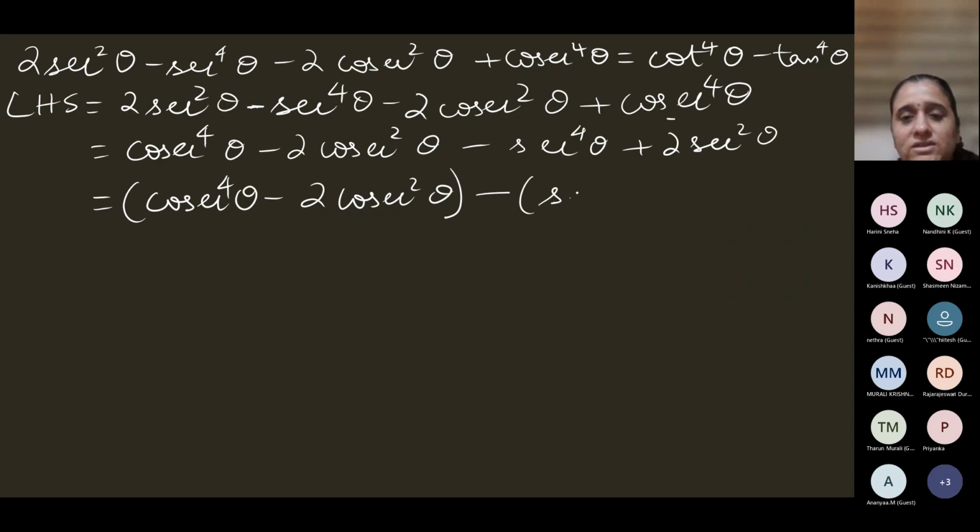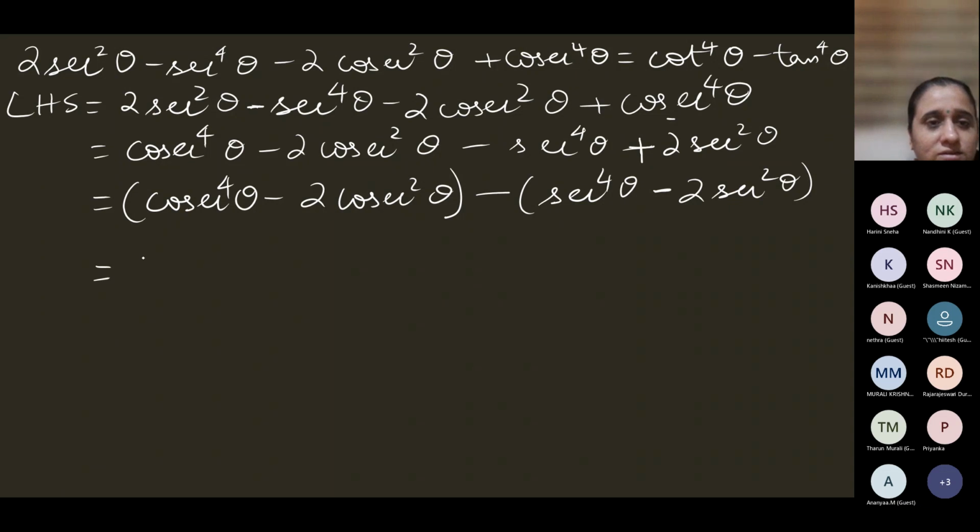And here we are grouping these two. But when you take a minus outside, it's going to be minus 2 secant square theta here. In one bracket we have a square minus 2ab, and in the other bracket also x square minus 2xy. When you take the minus in between common, that plus becomes minus. Minus into minus is plus.